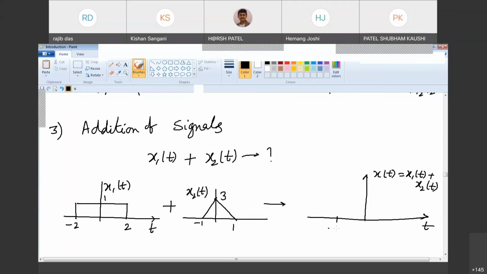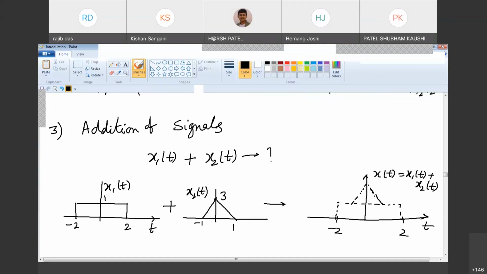So what is the visualization? This is -2 and +2, so this was the signal, x1(t). On top of this one I can write x2(t). If I consider x1 as the base, then above this I can simply add these two together.